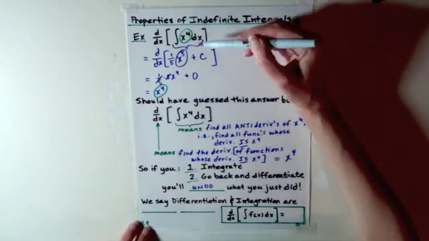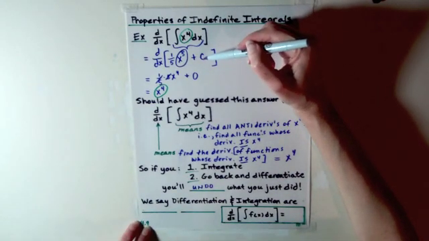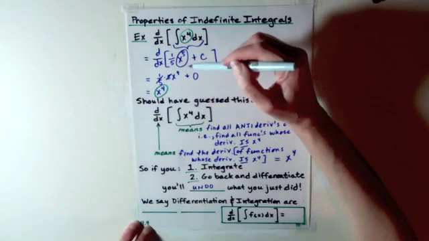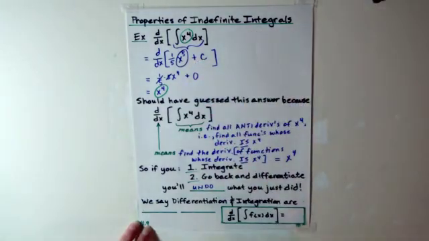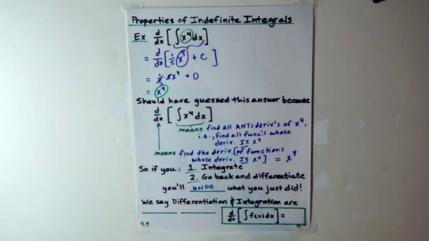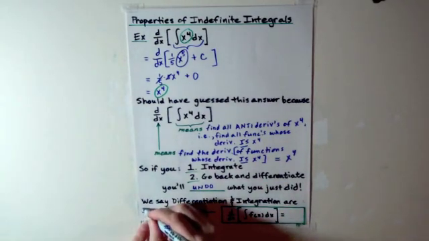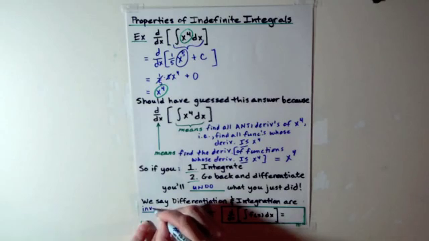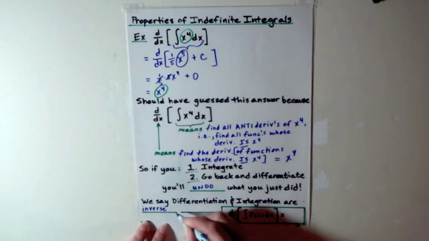Here you're asked to find the antiderivative, then you're asked to go back and differentiate that antiderivative. You're going to get back to where you started. So what we often say is that differentiation and integration are like reverse processes. They undo each other, or oftentimes we say they are inverse processes.